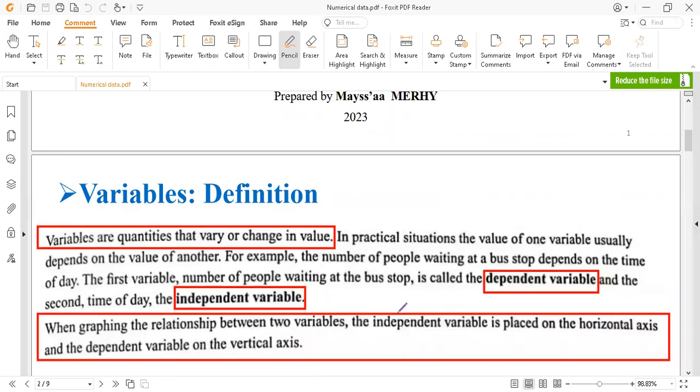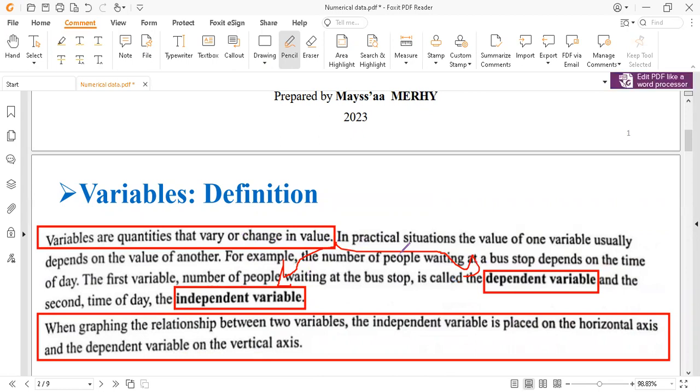Normally variables are quantities that vary or change in value. But we should know that we have a dependent and an independent variable. Normally, the independent variable has a natural progress, like time. We can't stop time.